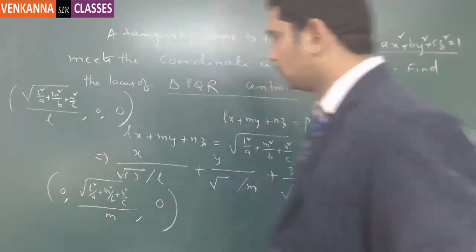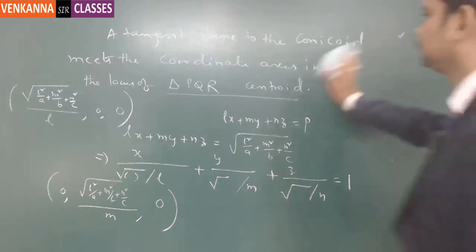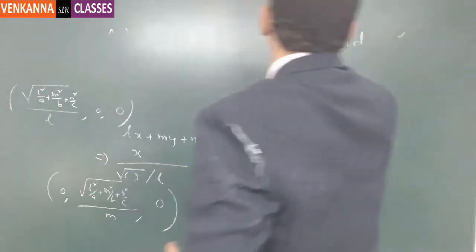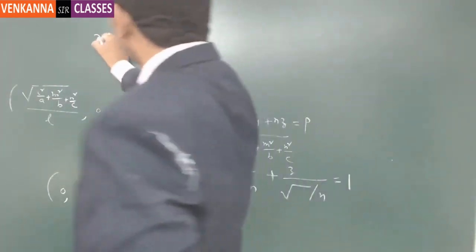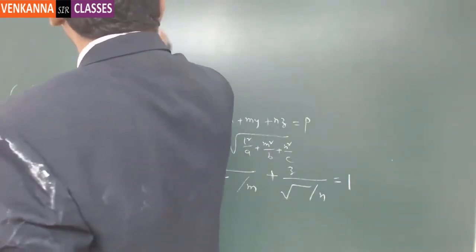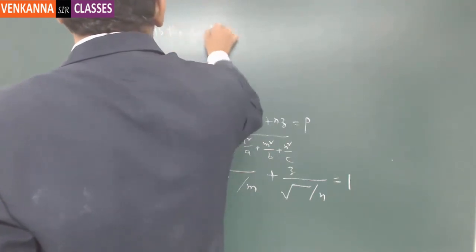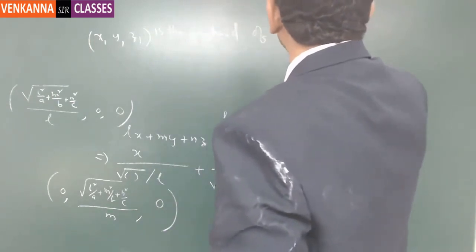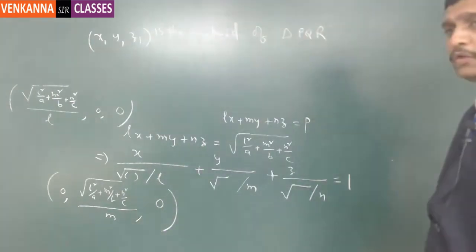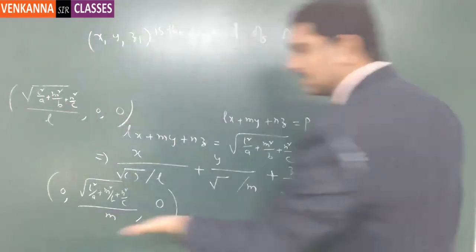Right. Since we are calculating the centroid of the triangle, let us take that x1, y1, z1 is the centroid of triangle PQR. You have got all three vertices, the first vertex, second vertex and third vertex.